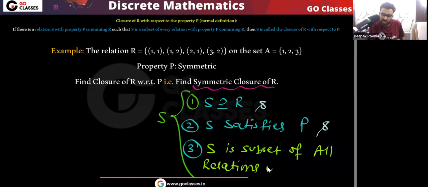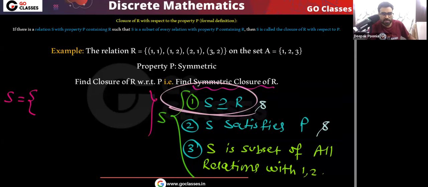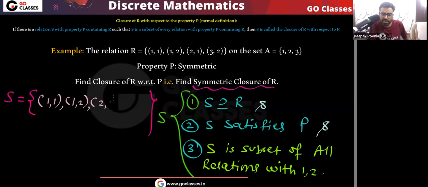So this type of new relation S I need to find. How to find this? S contains R, means S has every element that is there in R. So I write R as it is. Very good. So you can see that S contains R. This is done.